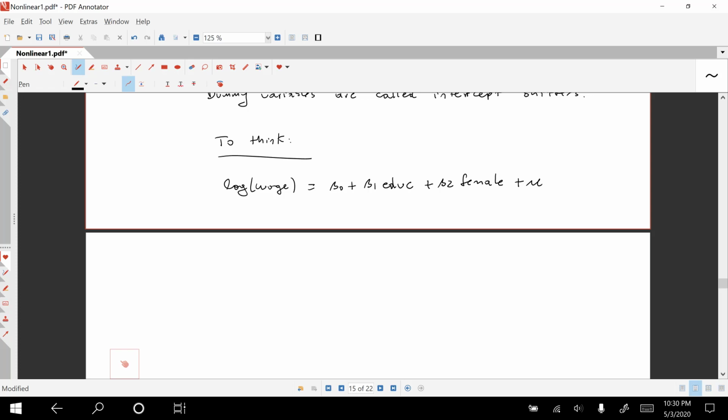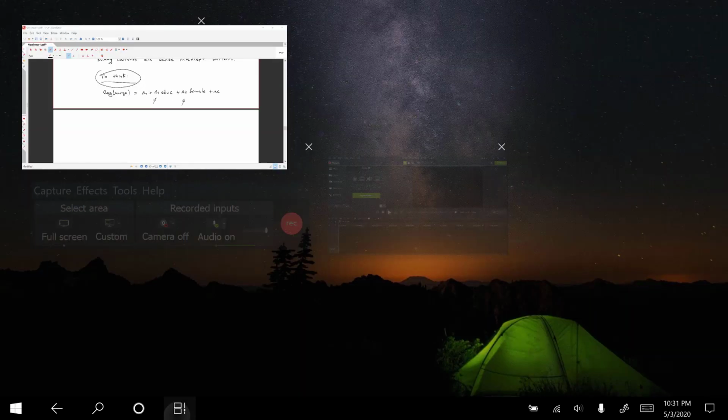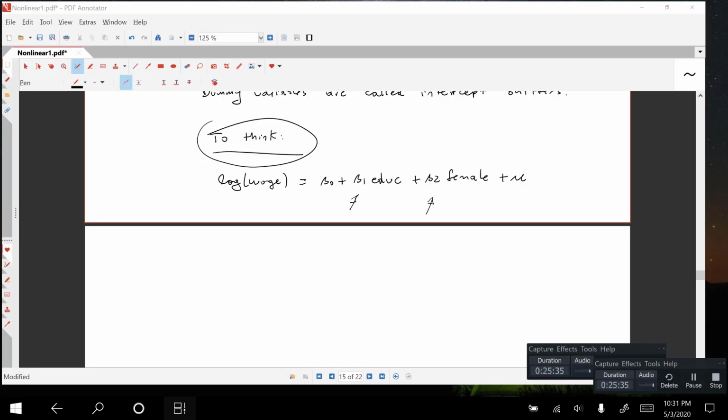It's interesting for you to be thinking about how you would go about interpreting those coefficients. Just think about that. That would be an interesting example to have. And with that, we're done for today.